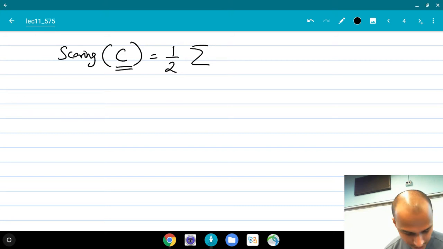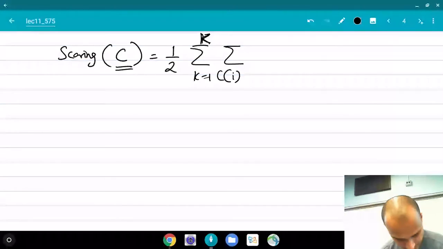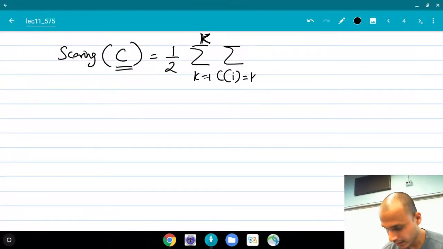So sum over k equal to 1 to capital K. So we have capital K clusters. Sum over Ci equal to k.